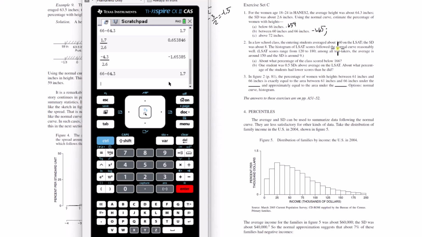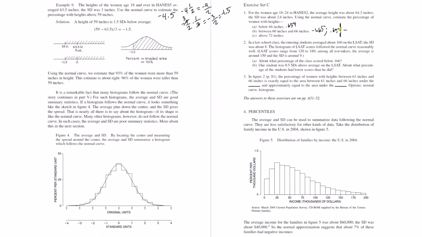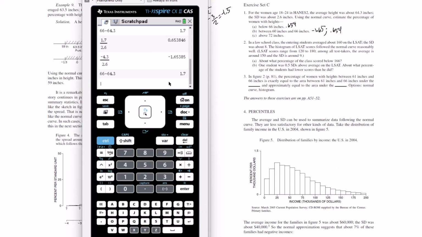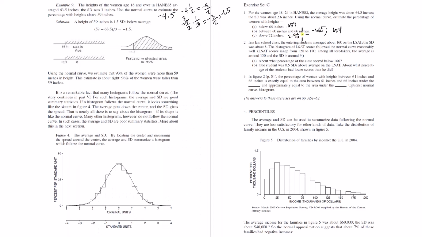So this is positive 0.654. Okay, what about 72? 72 is 7.7 above 64.3. And how many standard deviations is that? Positive 2.96.